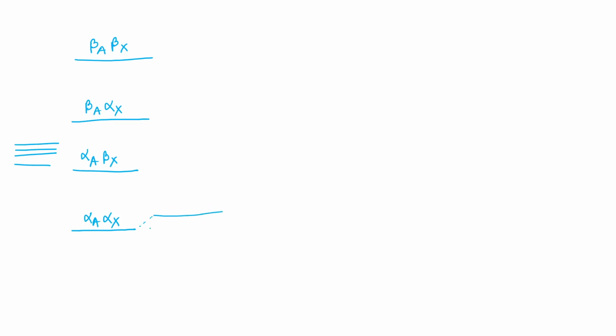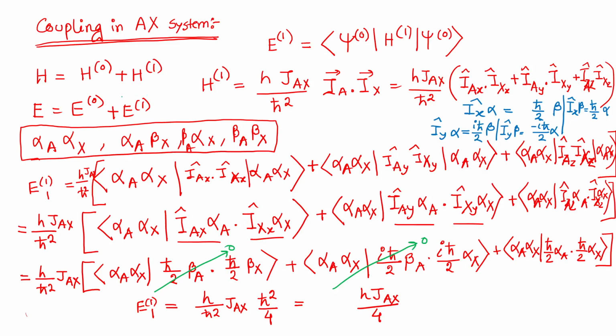So that destabilization is by J AX by 4. So what do you think is going to happen for beta A, beta X? It will shift. So the first two are going to be 0, right? Because beta A, beta X, and this side it will be alpha A, alpha X. Only this part is going to change. So beta A, beta X, and the same thing we will get.